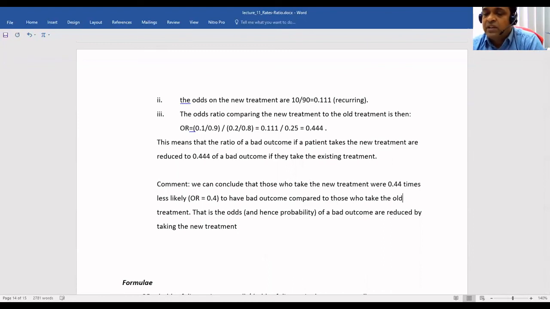So if somebody took the new treatment, they have less chance of a bad outcome. So in this way we can use the odds ratio.